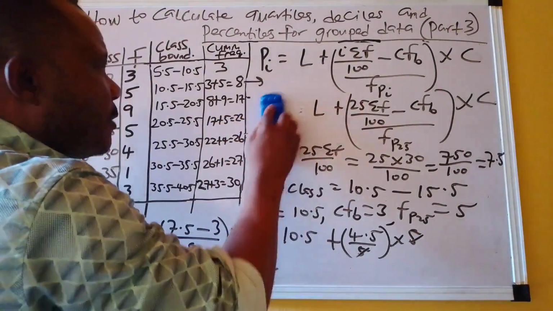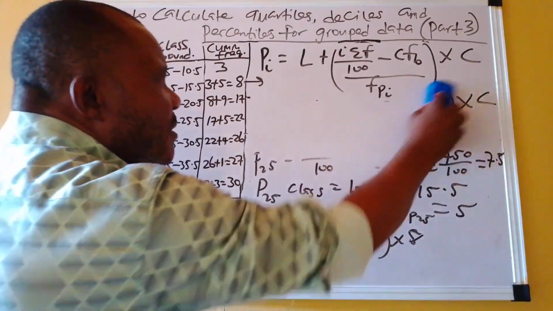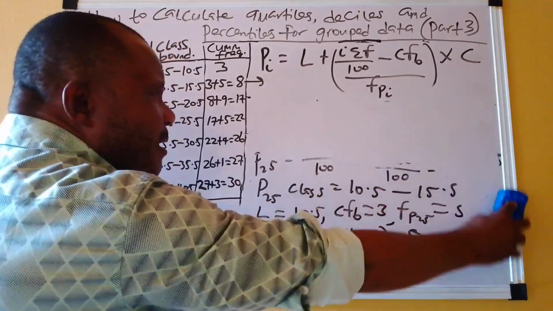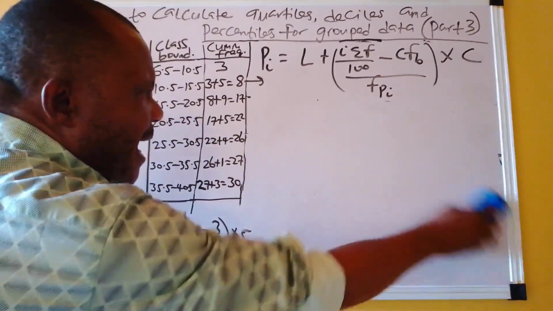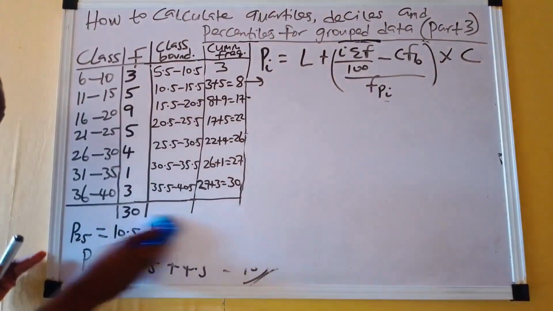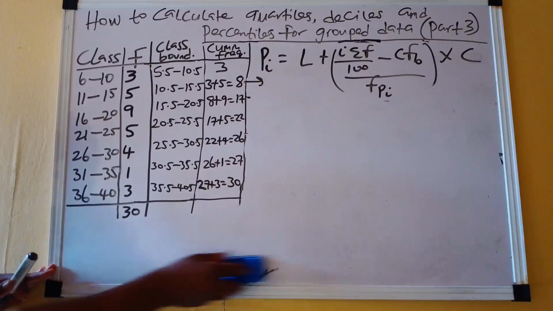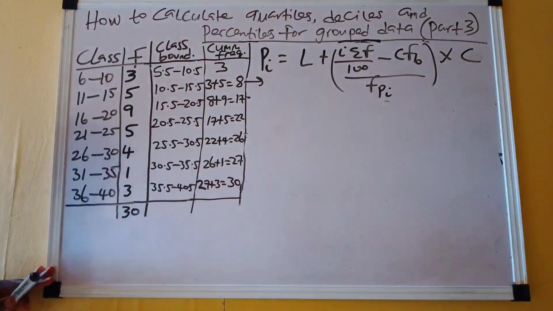Now let us see how we can also calculate the P50, which is the median, which is the 50th percentile, and it's also equal to the second quartile, and it's also equal to the 5th decile.